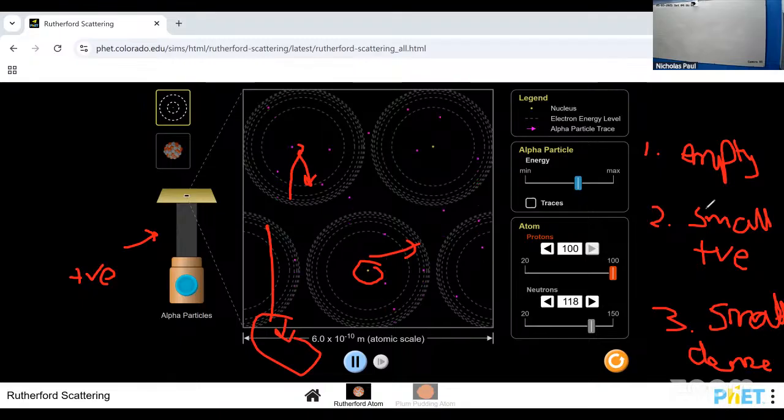So those were the three conclusions of the Geiger-Marsden experiment. Empty space, because the atom is mostly empty. We have a small positive core, which we later call the nucleus, and that same core was small and dense. What gives the atom all its mass? The nucleus or the shells?